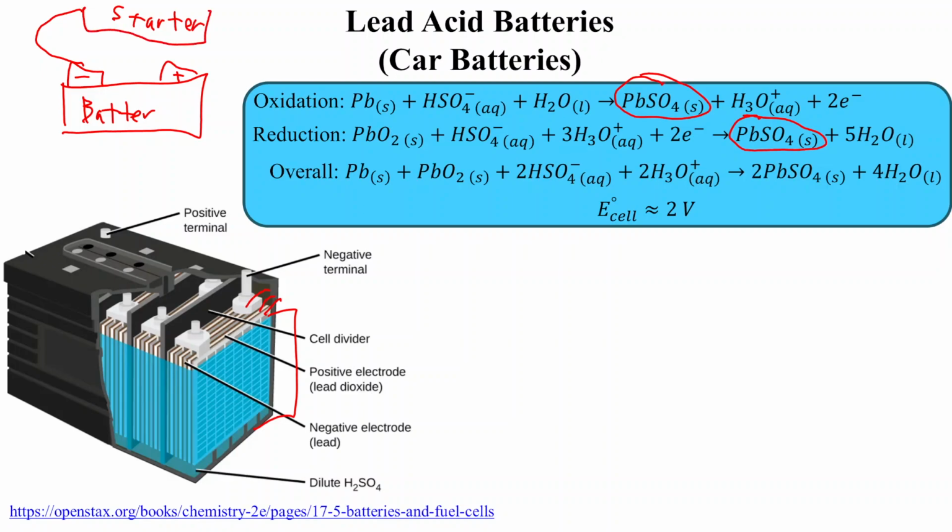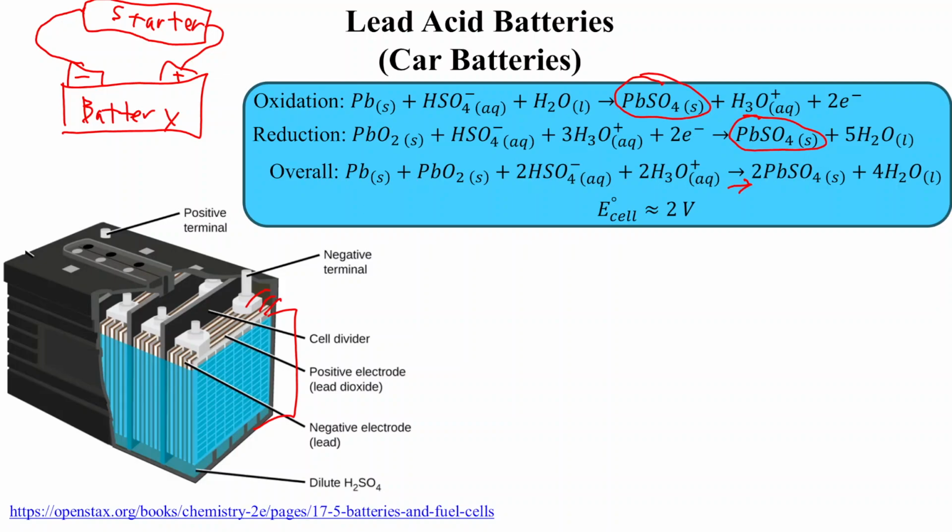And this will cause the motor to turn over and get the engine running. And when the battery is operating in this instance, we have the forward reaction going as it's drawn here for the overall reaction.